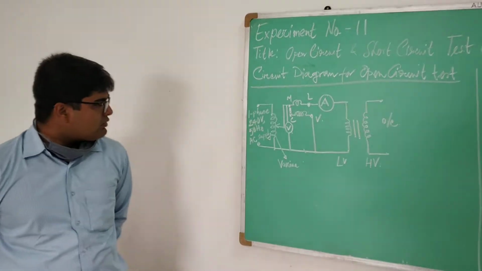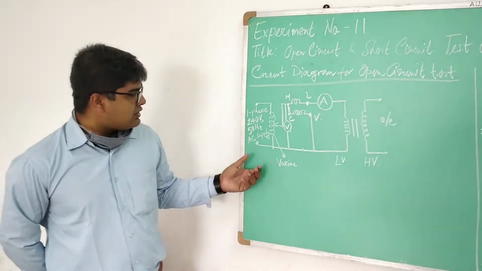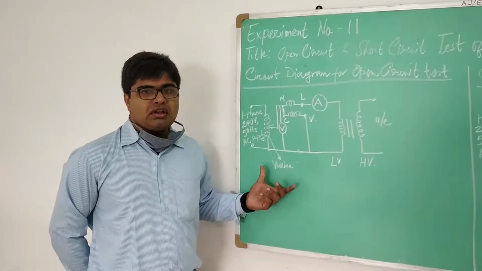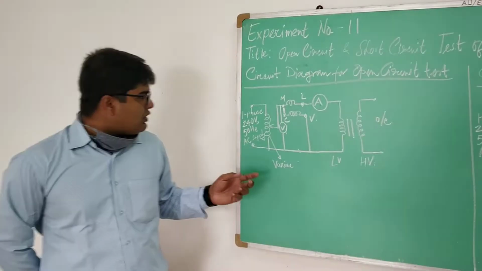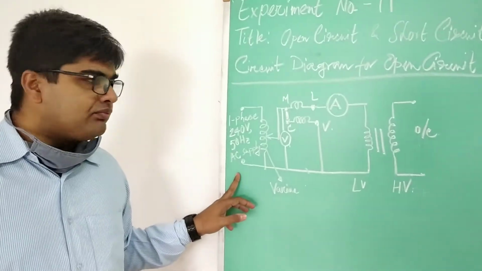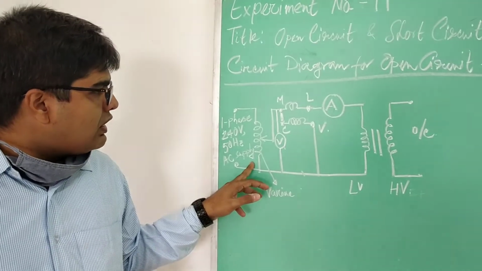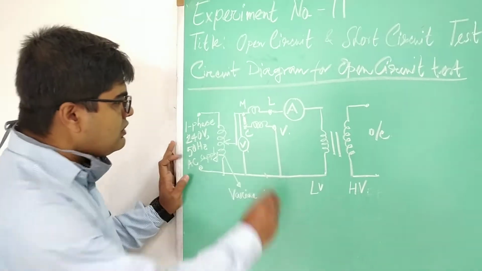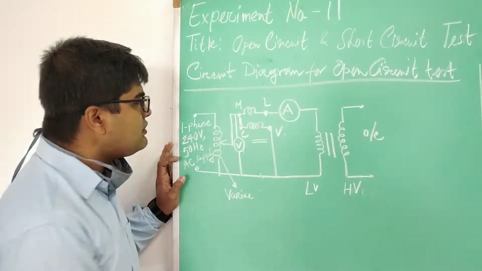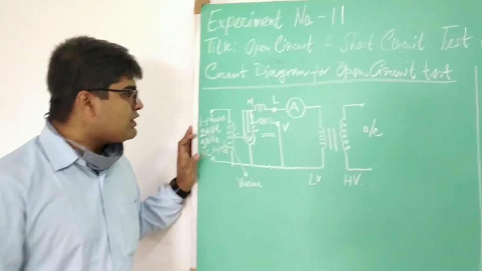So let's come to the experimental circuit diagram which you will develop in the experimental panel. We have a single phase 240 volt 50 Hz AC supply. Then we have a variac. Then this instrument is called a wattmeter.